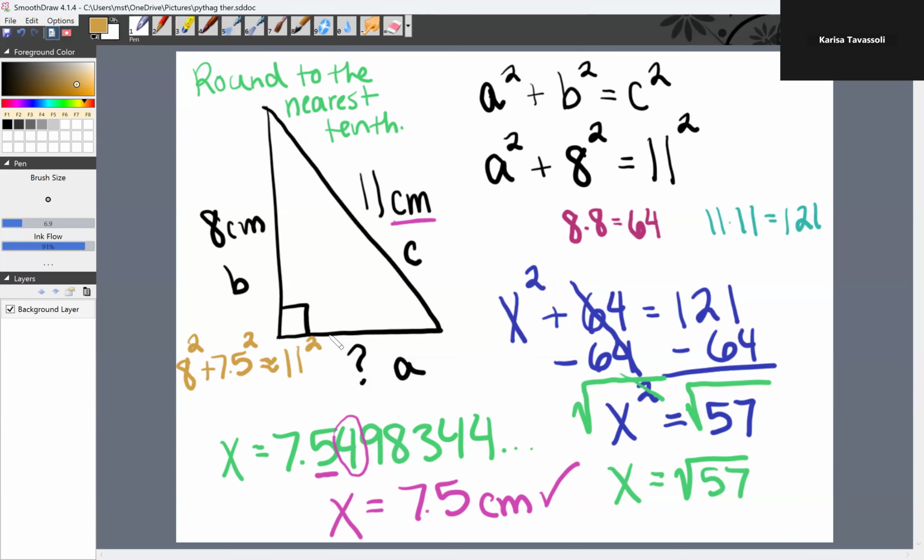It won't be exactly 121 because we did round to the nearest tenth, but it will be very, very close. And that is an easy way to check your work and see that if we are rounding to the nearest tenth, the missing side is 7.5 centimeters. Great job, guys.